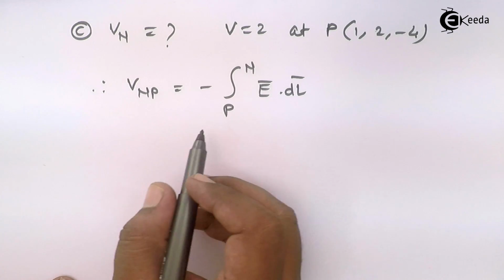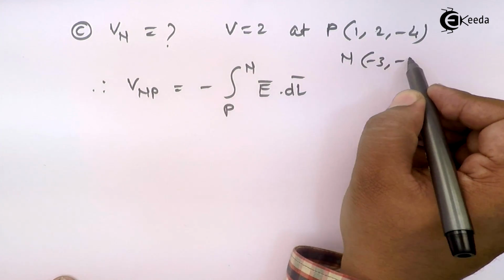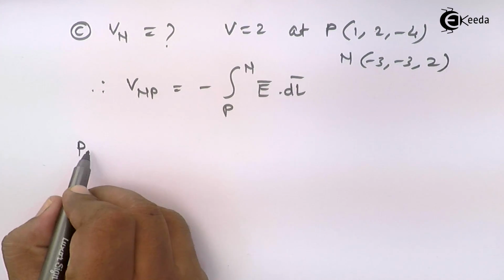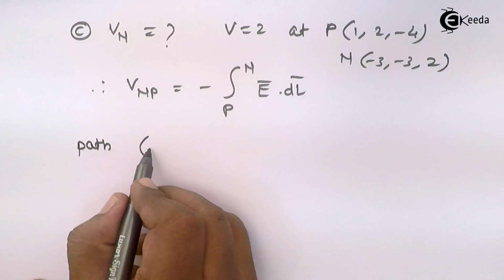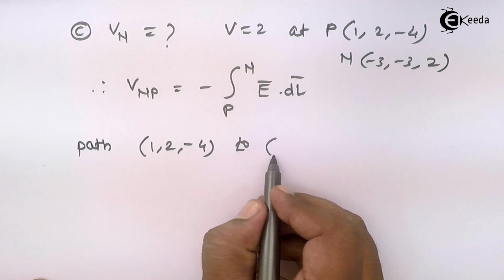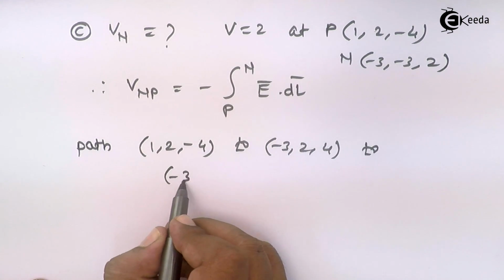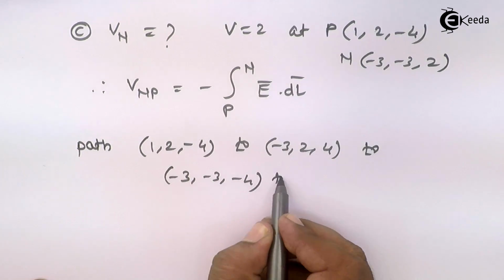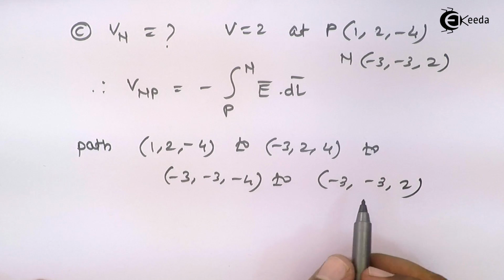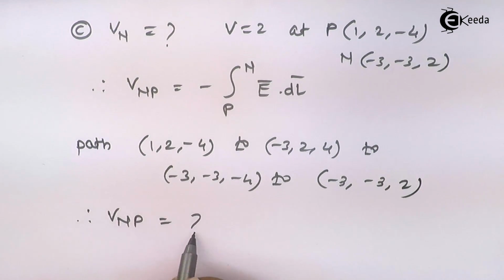Hence we have the coordinates of P, and for N we shall be having minus 3, 2. Hence the path to be followed will be 1, 2, minus 4, then minus 3, 2, minus 4, then minus 3, minus 3, minus 4, and finally minus 3, minus 3, 2. Hence VNP is equal to what?